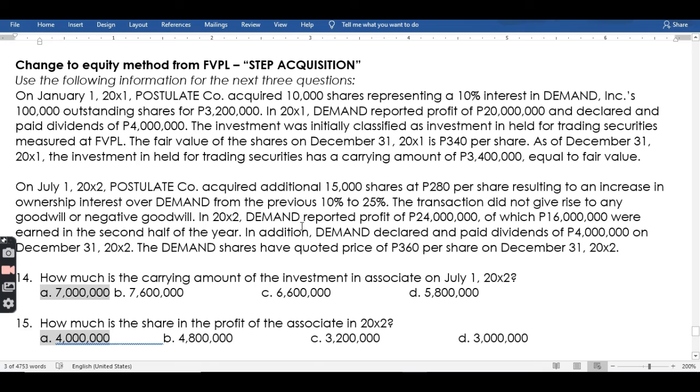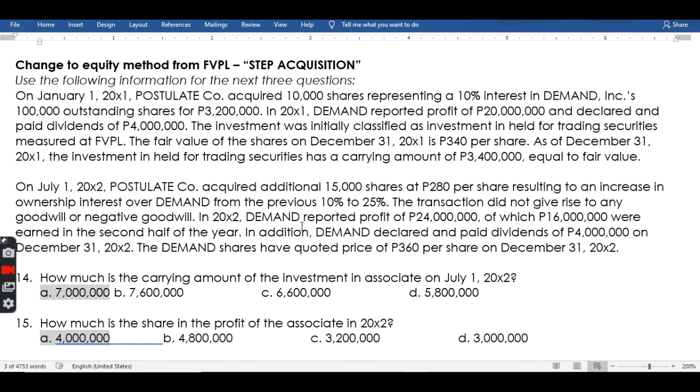On January 1, Postulate Company acquired 10,000 shares representing a 10% interest in Demand Incorporated's 100,000 outstanding shares for 3,200,000. So yan yung current na hawak natin nung January 1. In 20X1, Demand reported profit of 20 million and declared and paid dividends of 4 million.